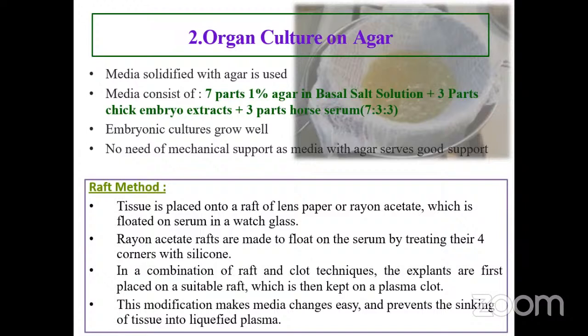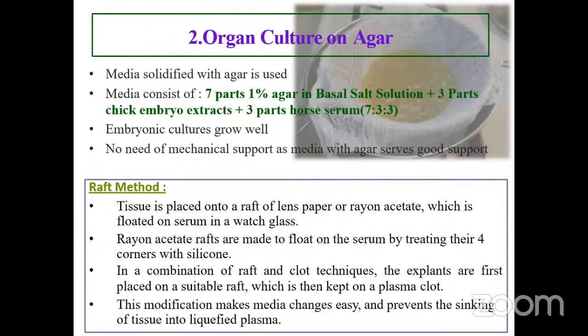Embryonic cultures grow well in this type of organ culture. Here there is no need for any mechanical support, as the agar gives the support and the media gives the nutrients. And we have another method, which is called the raft method.